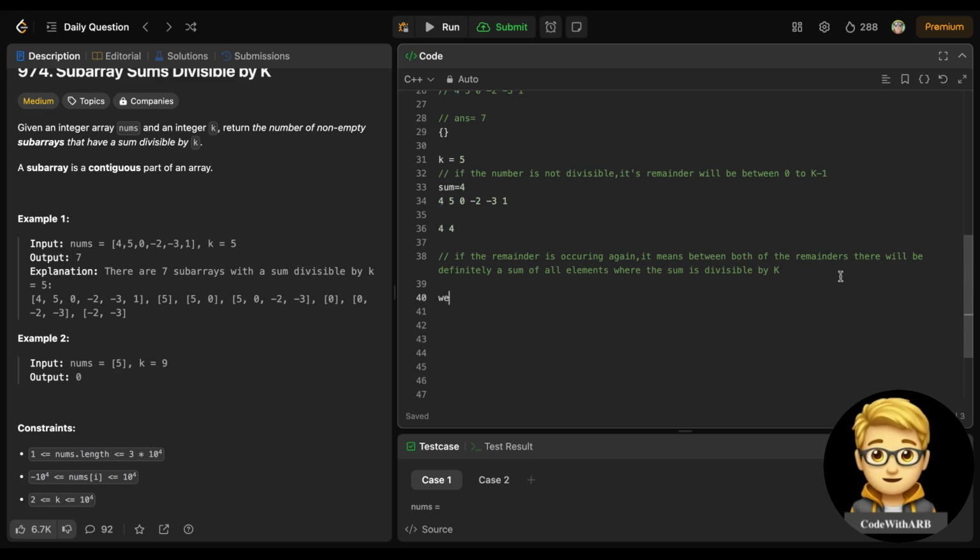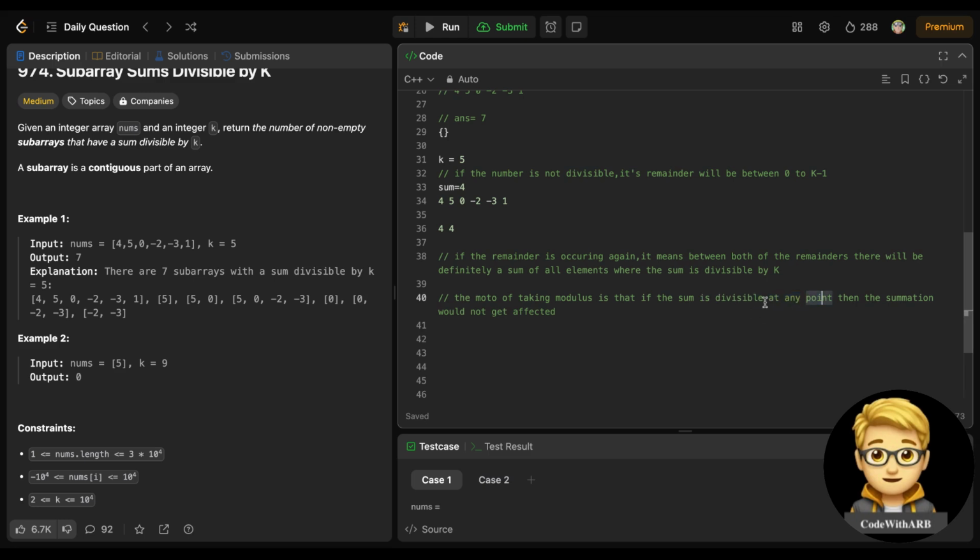The motto of taking modulus is that if the sum is divisible at any point, then the summation would not get affected, right? And after some time it will give the same remainder.